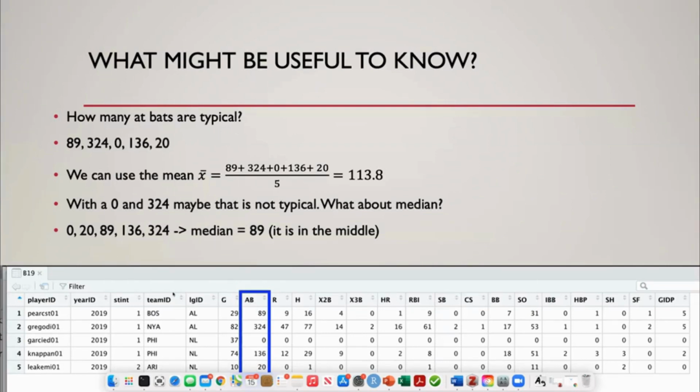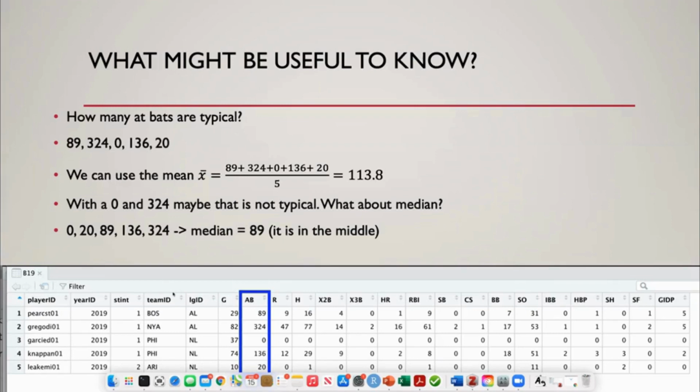Okay. That might not be completely typical given the 0 and 324 there, because those are pretty wildly different. And we ought to use a median, that's another measure of central tendency.